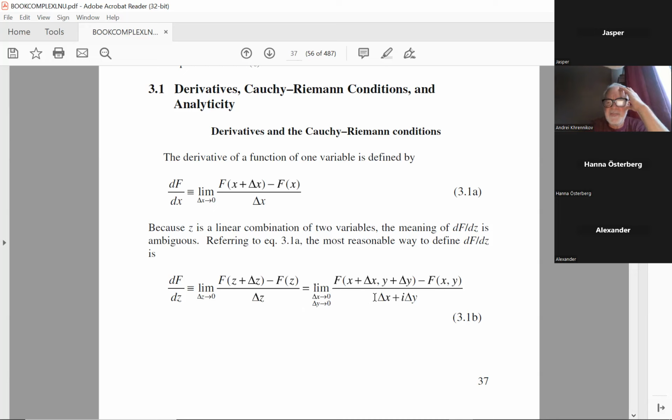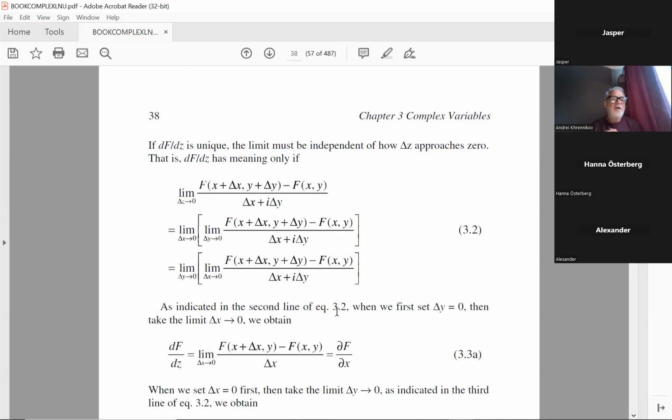And here is the point that you may have considered in your course of multivariable analysis: if you have a few variables, this limit may depend on the order. So, for example, we can write it this way, first with respect to y and then with respect to x, or this way.